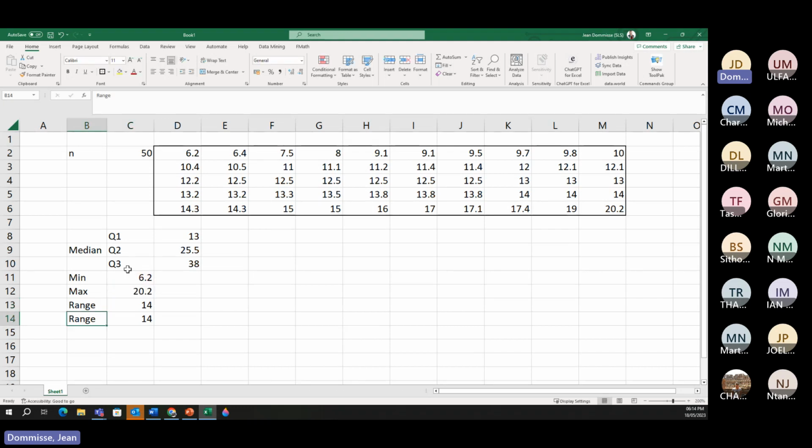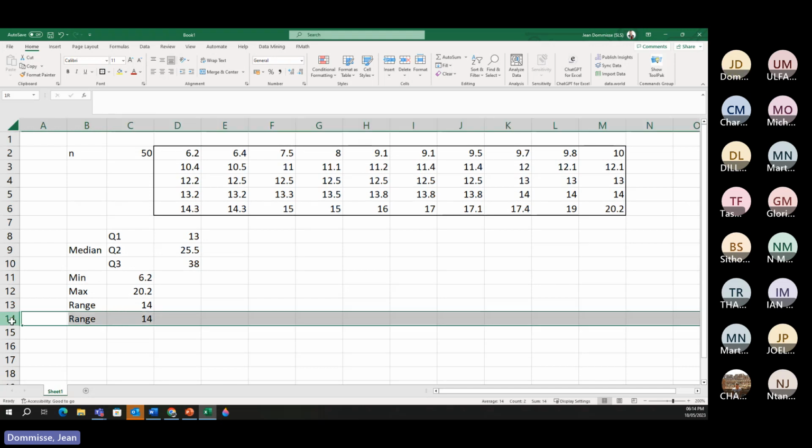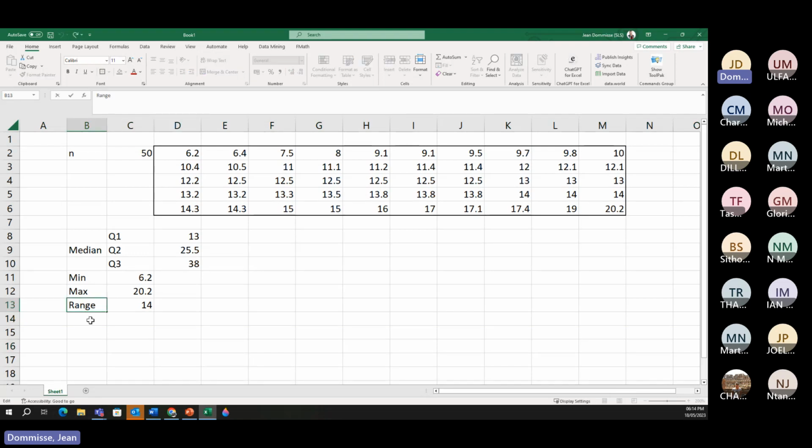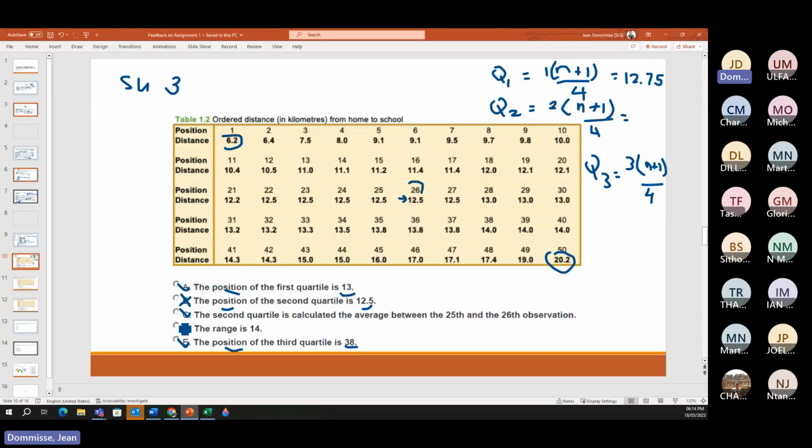Okay, so let's rather do it that way, that you then have a range. If I ask you minimum or maximum, you have that as well. So for this set of data, the one that was incorrect is the position of the second quartile.